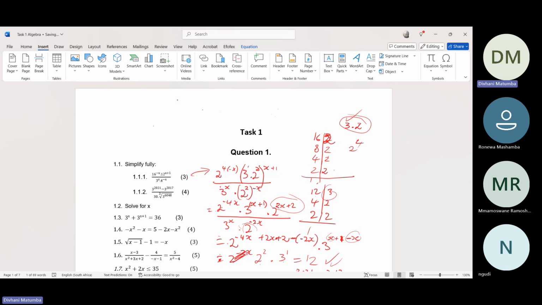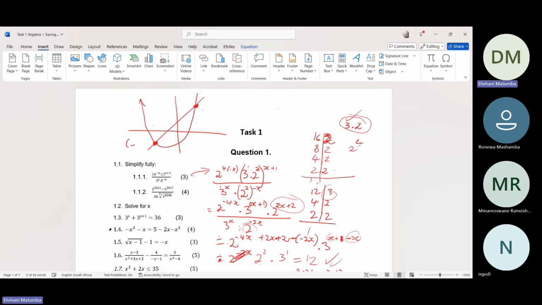I just want to show you guys why we had two solutions. Let's say, for instance, I draw any random straight line. We had a straight line and a parabola. The reason why we got two solutions is because the two graphs cut each other twice.